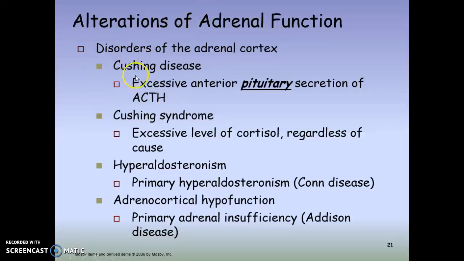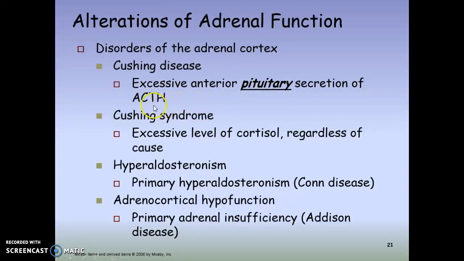So with Cushing disease, you would have excessive anterior pituitary secretion of ACTH. All right, the ACTH levels are generally due to adenomas, and this is pituitary dependent.